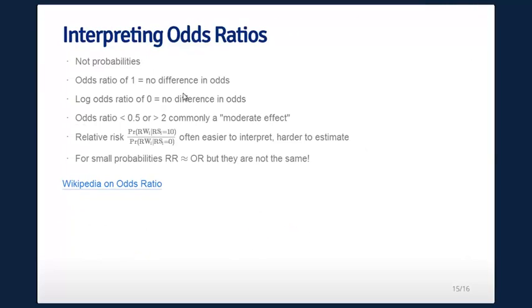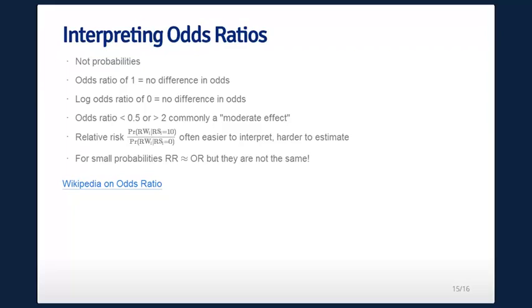Okay, so let's just finish by talking a little bit about interpreting odds ratios. Odds ratios are not probabilities, which I think is clear, but they're a meaningful scale.